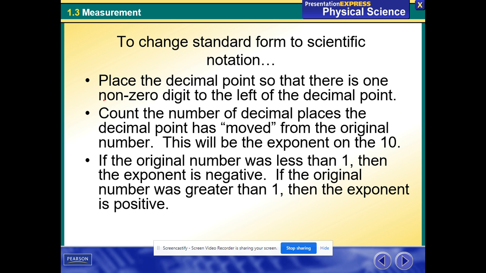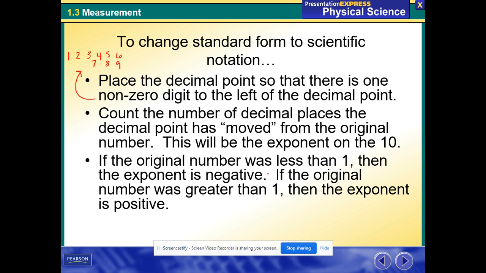So what I mean by non-zero digit, I mean numbers like 1, 2, 3, 4, 5, 6, 7, 8, 9. Any number that's not 0. What you're then going to do is count the number of decimal places that you had to move. This is going to be your exponent that you put on the 10.